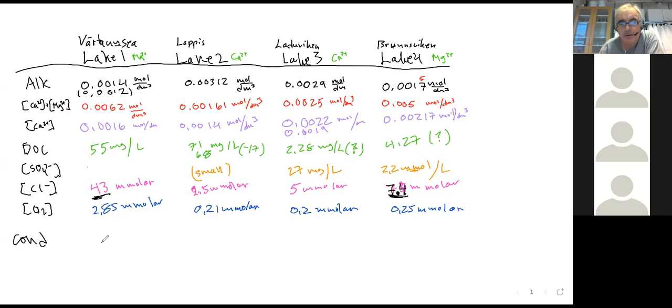Do you remember the conductivity values that we measured? I think my memory says that this was 5 millisiemens and this was 4 millisiemens or so, while this was 0.5 millisiemens and this is 0.5 millisiemens.